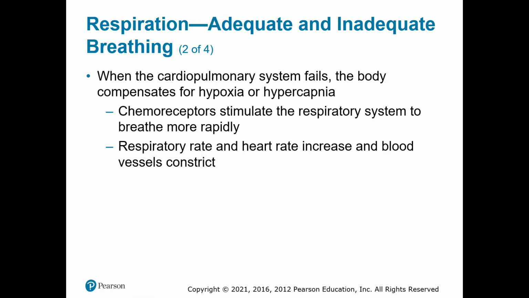So it's like, hey, I'm not getting enough oxygen. I'm at 13,000 feet. I didn't have to tell my body to breathe faster. It did it on its own to help make it feel better. So respiratory rate increases, your heart rate will increase, the blood vessels constrict to get a little bit more speed in the blood flow, to get more pressure to be able to push the carbon dioxide out, and that desire to pull more oxygen in.